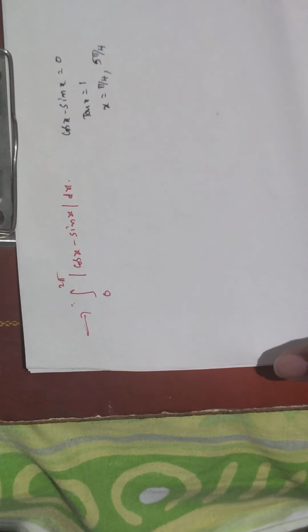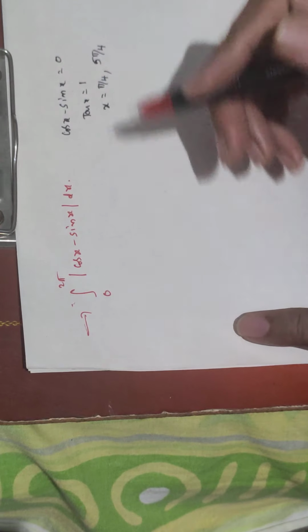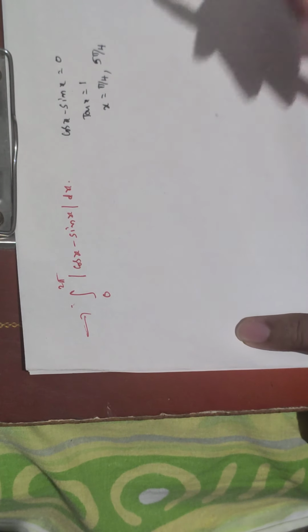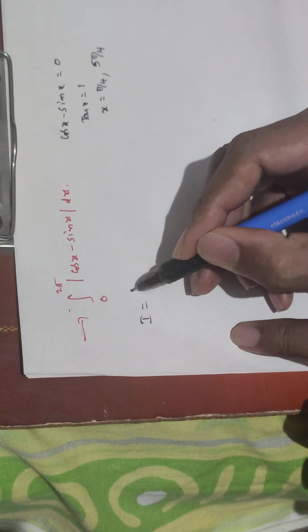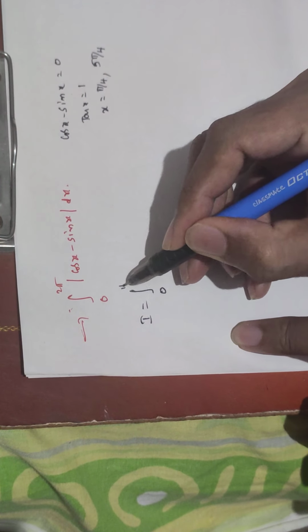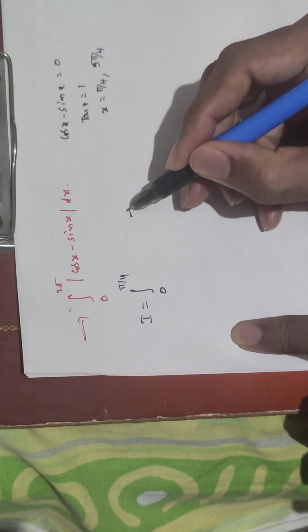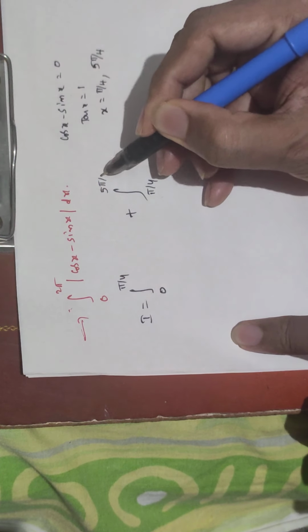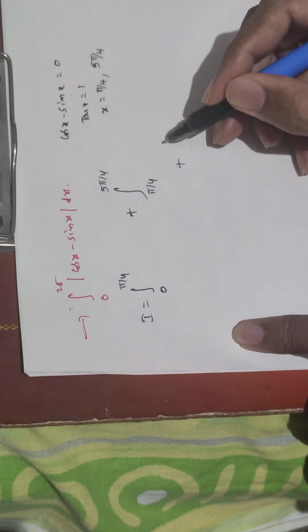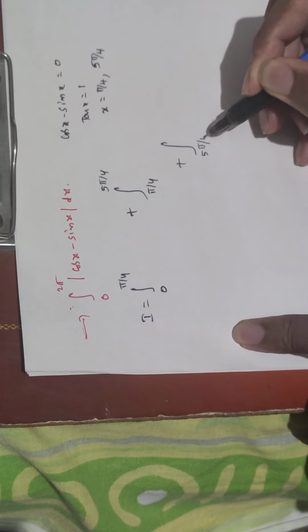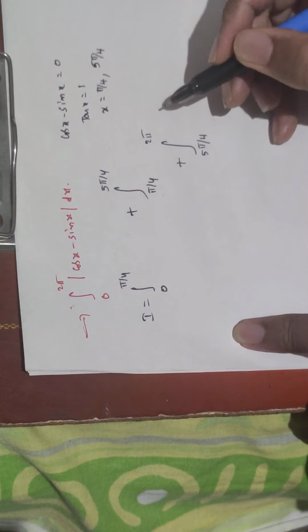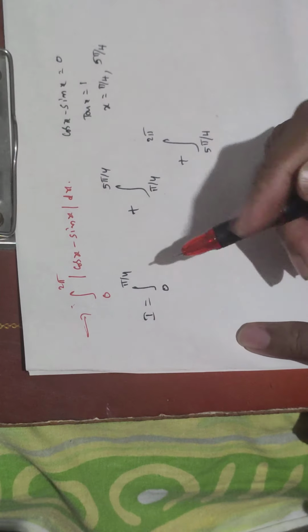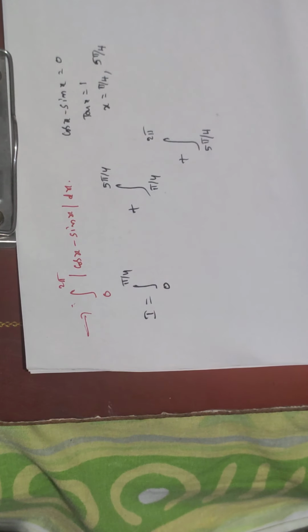Then the idea is we can split the interval at these points. Therefore this I equals the integral 0 to pi by 4 plus pi by 4 to 5 pi by 4 plus 5 pi by 4 to 2 pi. So in 0 to pi by 4, what is the sign of cos x minus sin x?